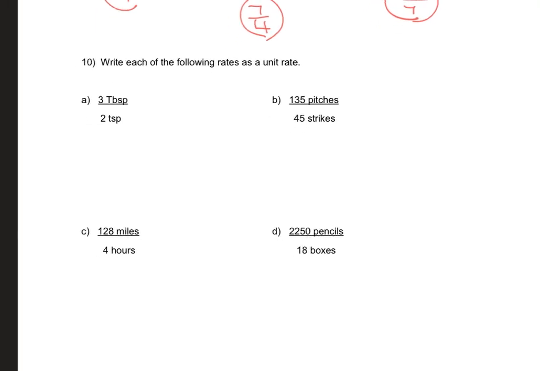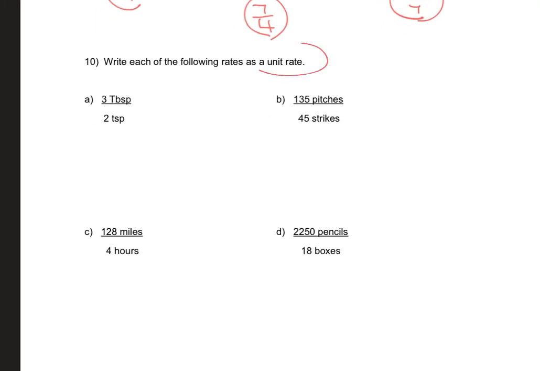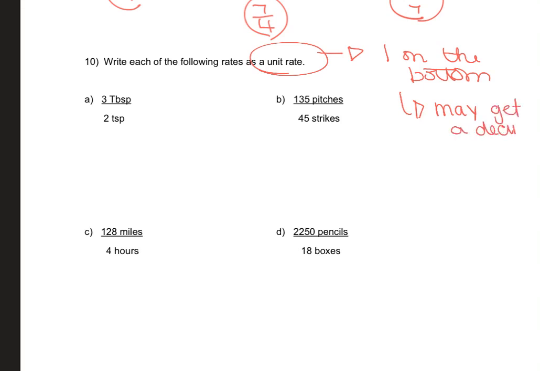All right, now practicing unit rate. So remember, with a unit rate, I end up with a 1 on the bottom. Essentially, I may get a decimal within a fraction. This actually happens on letter A of number 10.